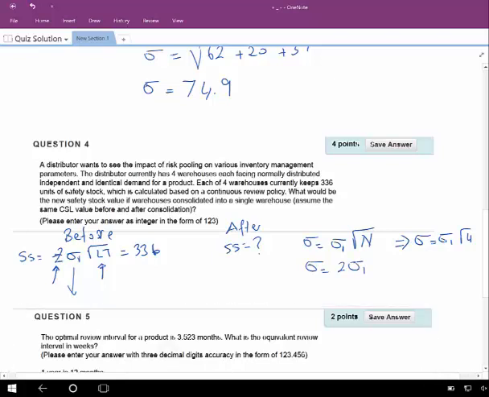If I go back, the safety stock is z sigma 1 square root of lead time, so the new calculation is z times 2 sigma 1 square root of lead time. That means I'm just going to multiply by 2: 2 times 336, and that turns out to be 672 units.